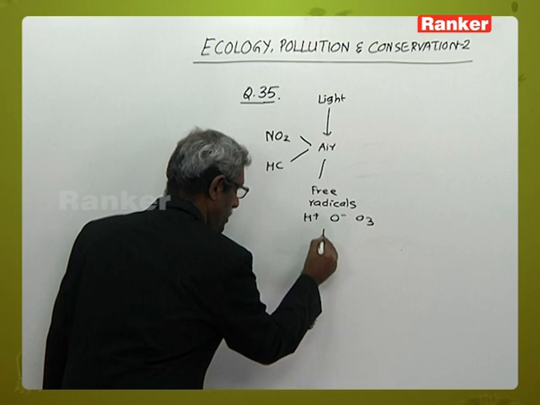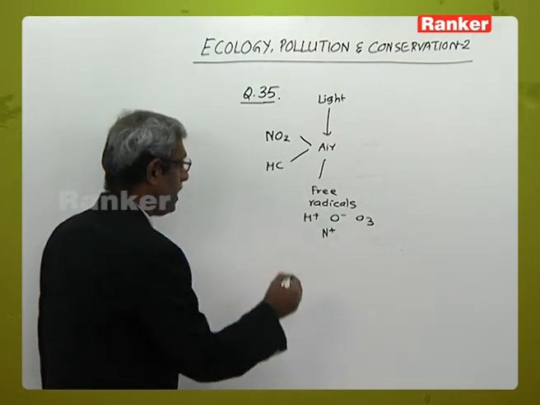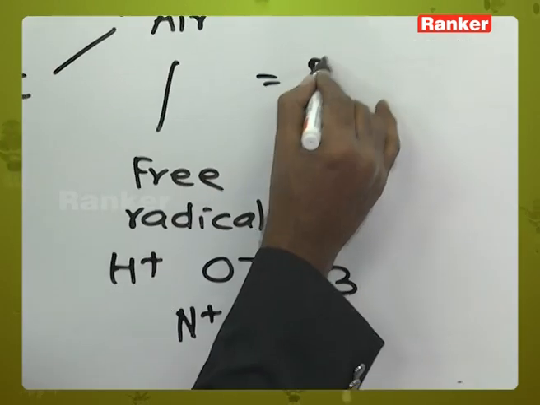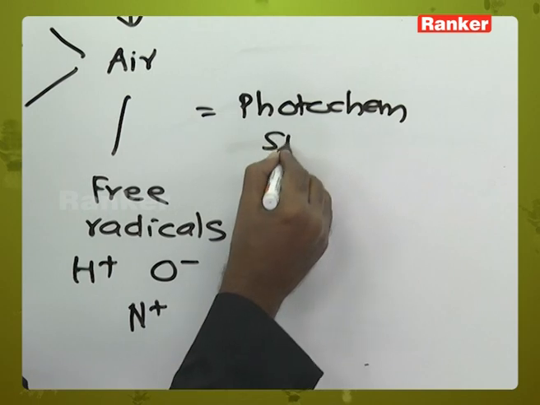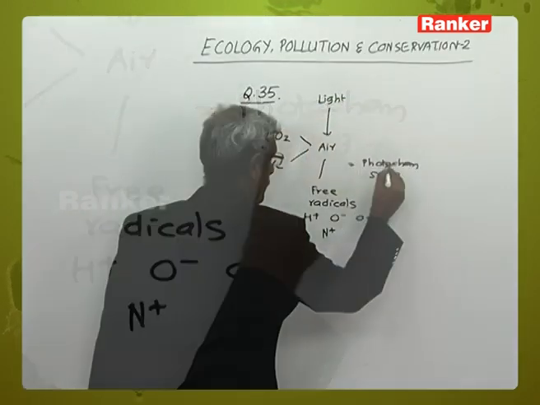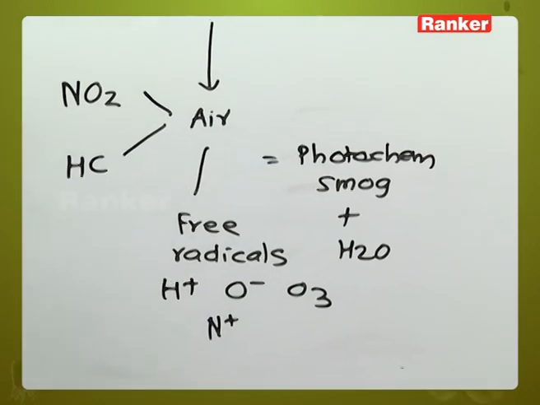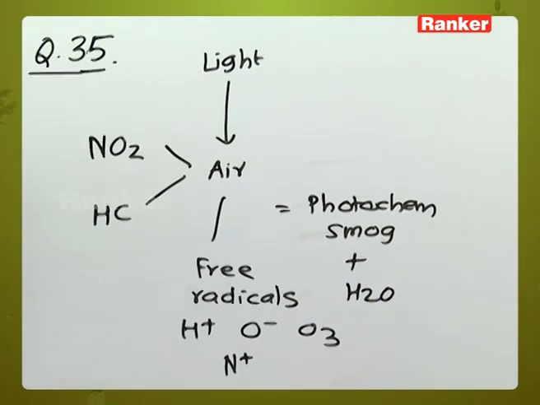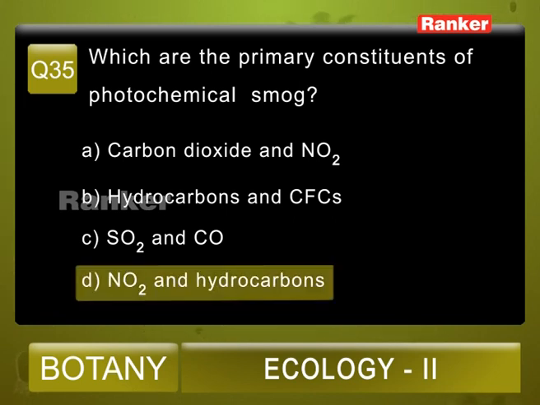In addition to this, we also have free nitrogens. So, all of these are components of the photochemical smog. It combines with water when there is more humidity. Hence, the answer is nitrogen dioxide and hydrocarbons. Answer is D.